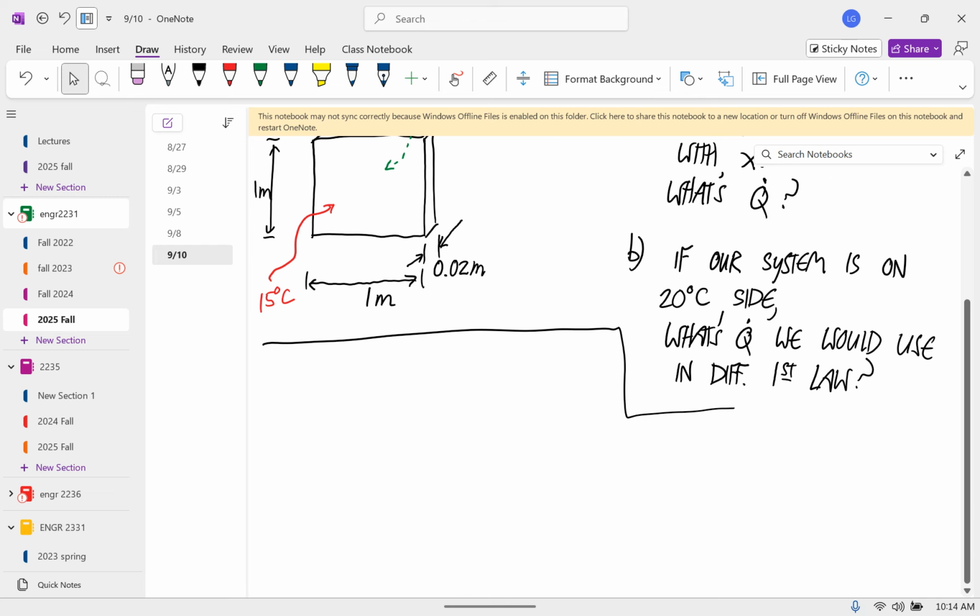So the formula is Q dot is equal to kappa times area times dT dx.